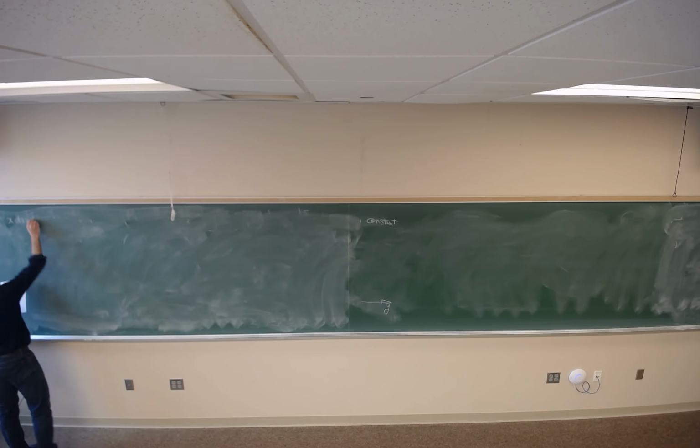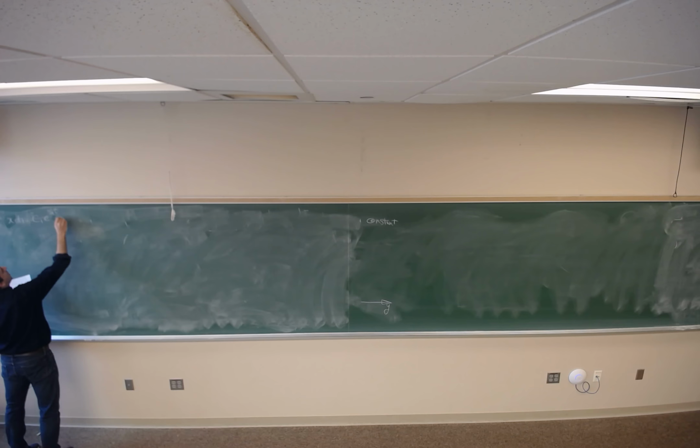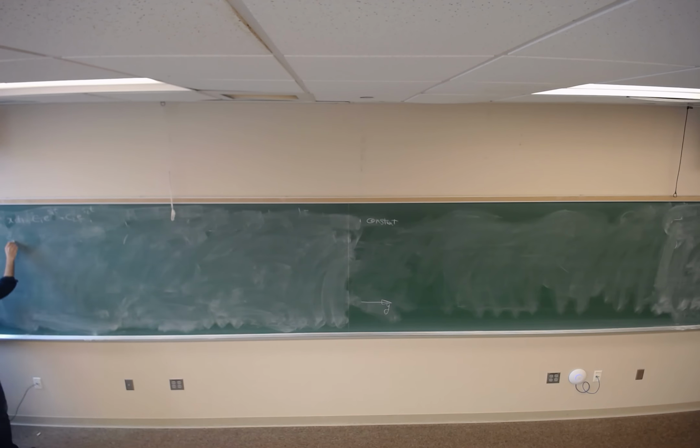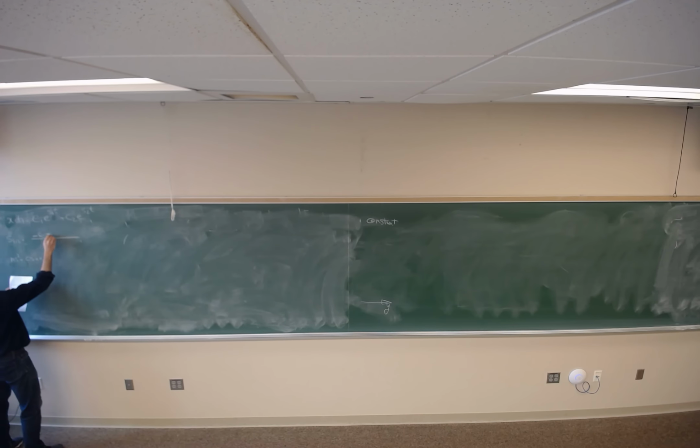It's gonna look like this: C1 e power S1t plus C2 e power S2t, where S1 and S2 are the roots of this quadratic equation, which is gonna be negative C plus and minus a square root of C square minus 4mk divided by 2m.